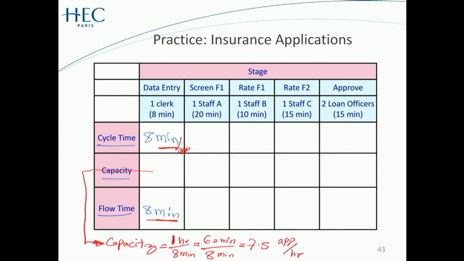So 1 divided by 8 application per minute, and that is 7.5 applications per hour. So the answer to that is going to be 7.5.